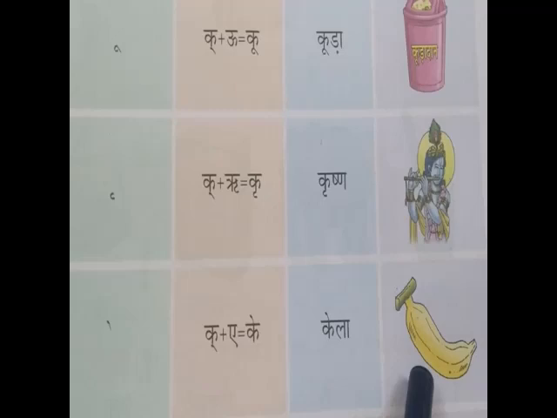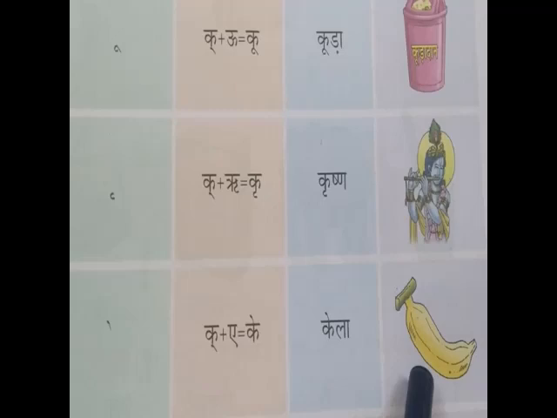Next one is ai. You will call it e or ai. But here you can see in E ki matra you have put only one line, right? But here you are putting two lines. So it will be ai. K plus ai. Kai. The word is Kailash.